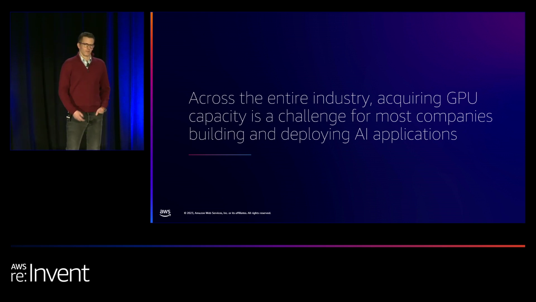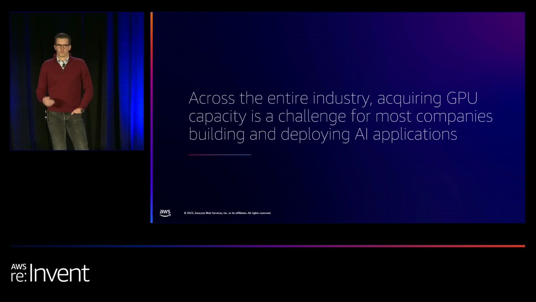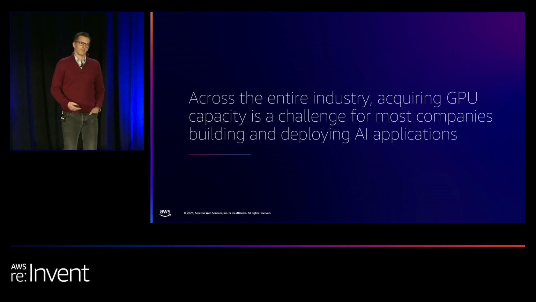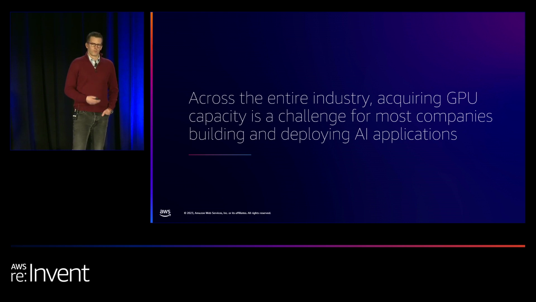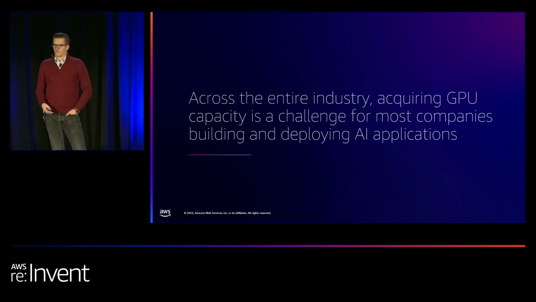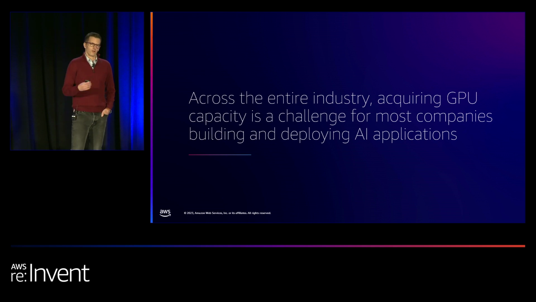So what we're hearing is customers are often having to wait in long lines, wait long lead times to get GPU capacity, often with unclear dates of when they're actually going to receive it. And then once customers actually get that GPU capacity, they're often having to hold on to it even when they're not using it, just to make sure they still have it the next time that they need it. And that's perpetuating this scarcity problem, because there's a lot of GPU capacity that's just sitting around idle across the entire industry.